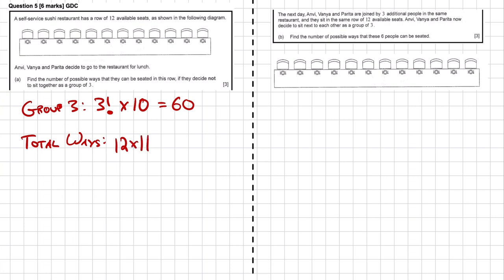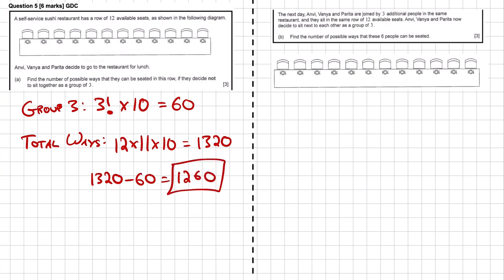And now two of those seats are taken, so when Parita goes to sit down, Parita is only going to have 10 options. So 12 times 11 times 10 is going to give us 1,320. And we can just subtract those away from each other. So 1,320 minus 60 gives us 1,260. So that will be our final answer for part A.